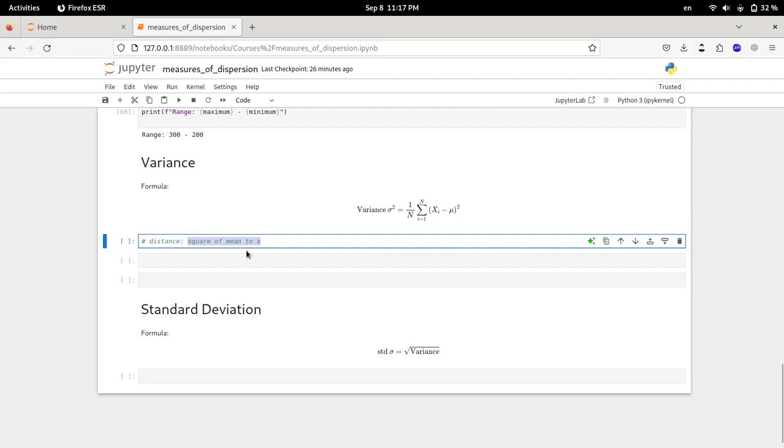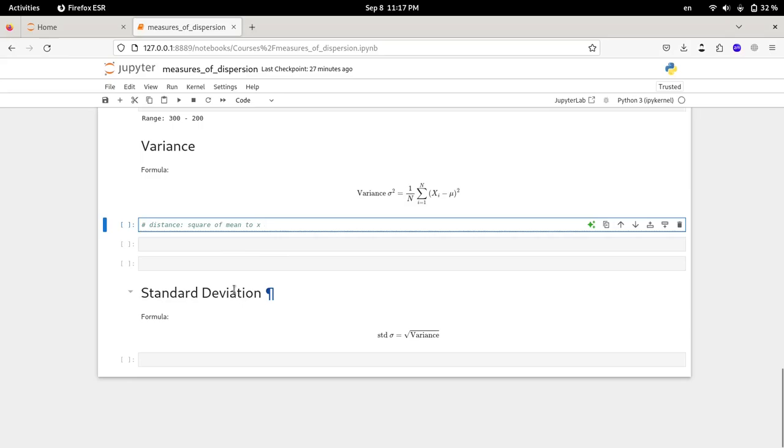So this is actually not logical, that is, if the distance is 4, then the variance will be actually 16, 4 squared. So this is not actually logical. So we mainly use the standard deviation, that is the square root of variance. So that will be actually the mean to x, that is, the data point's distance from the mean.